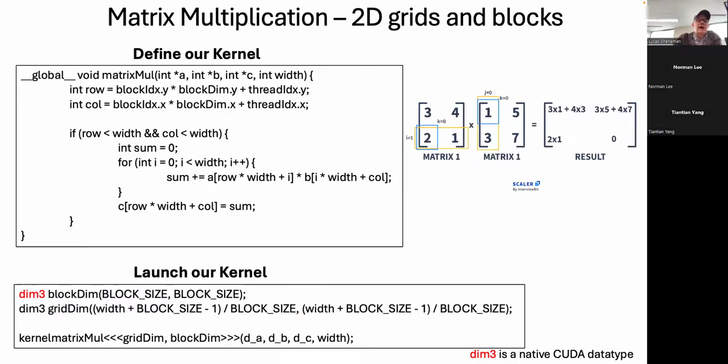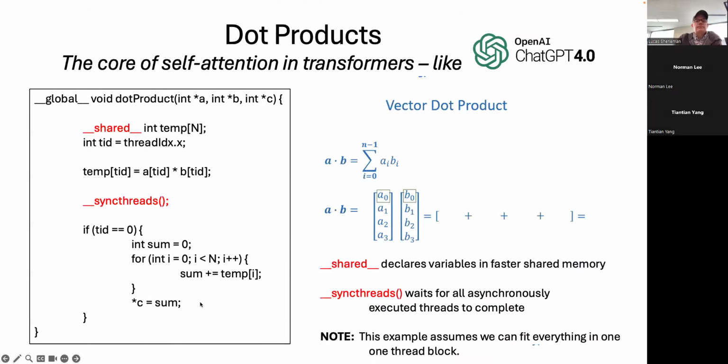So you have to give it the two dimensions. I could also have put a third dimension here if I was defining a three-dimensional grid or a three-dimensional block. So you define your blocks and your grids, and that's what you pass in these triple chevrons to your matrix multiplication. And again, dim3 is a native CUDA data type.